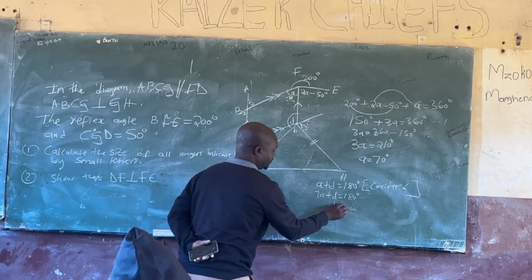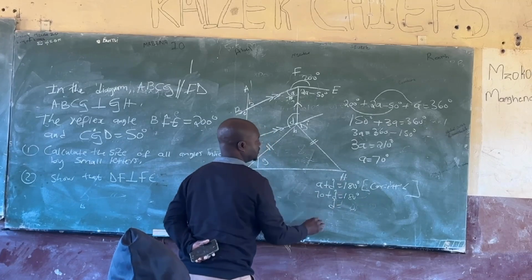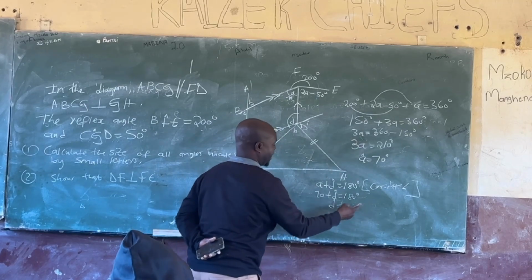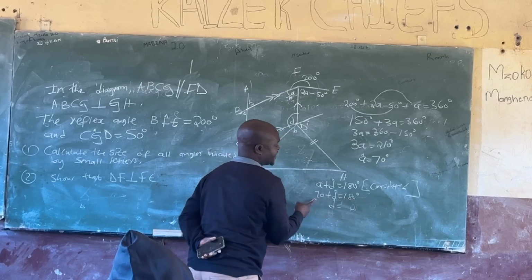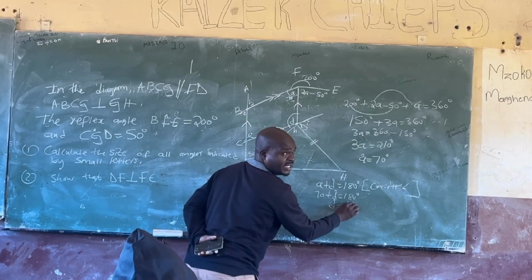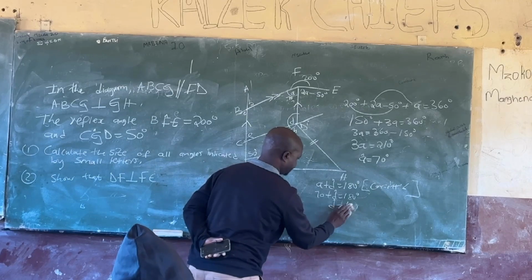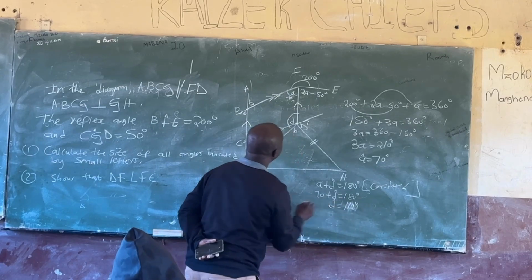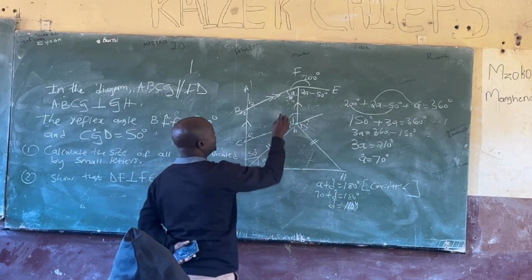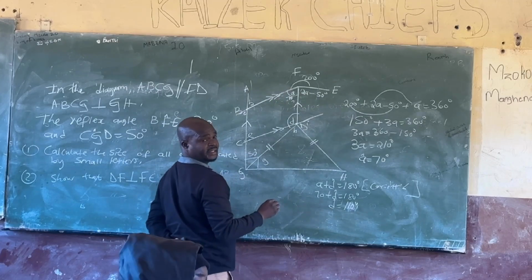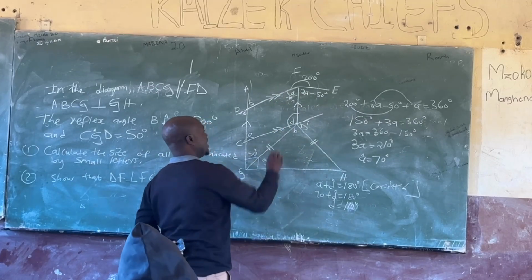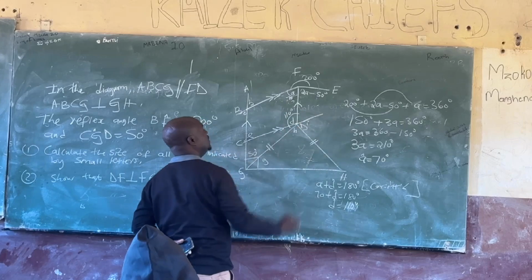Then what is angle d? You subtract: 180 minus 70 is 110 degrees. Don't forget, guys, this line is parallel and this one is parallel. Now here I have 110 degrees.